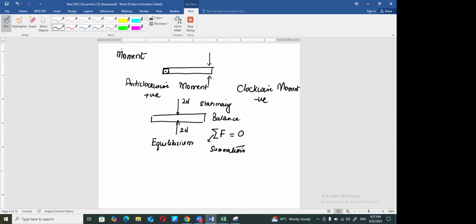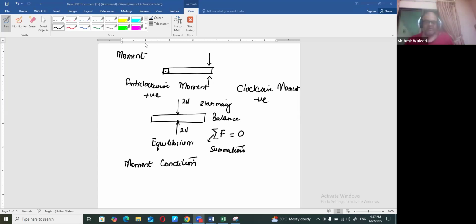But there is another condition as well, and that's what we call the law of moments, or you can say the moment condition. When you talk about the moment condition, you can simply say that the sum of all the torques, the sum of all the moments, is zero.